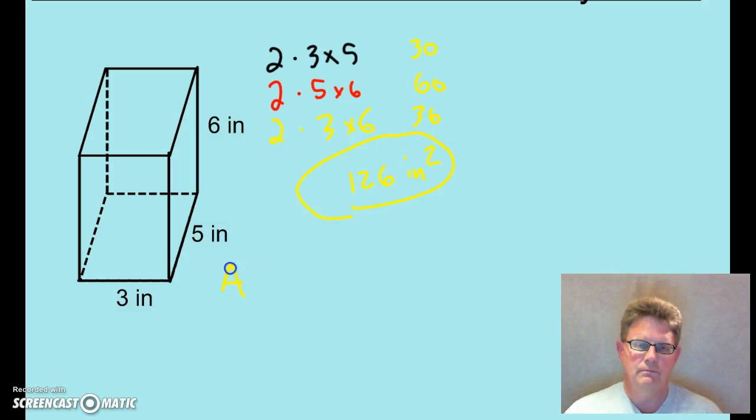The surface area is 2 capital B plus capital P capital H. This capital B means the area of the base. The P stands for perimeter of the base. And this capital H right here stands for height of the prism.